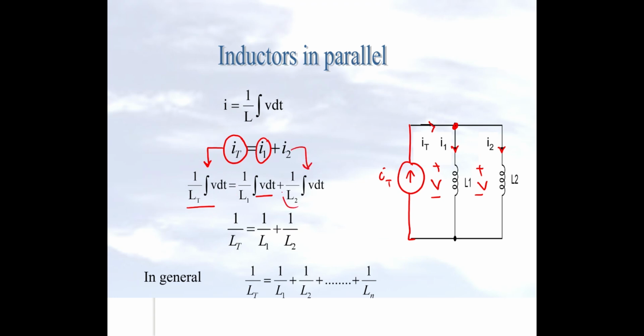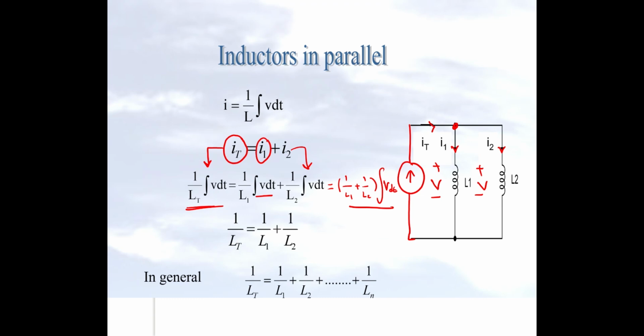I2 would equal 1 over L2 integral of the voltage across the second inductor. Now, the right hand side of this equation can be written as 1 over L1 plus 1 over L2 times the integral of V dt. So now this is the right hand side, this is the left hand side.